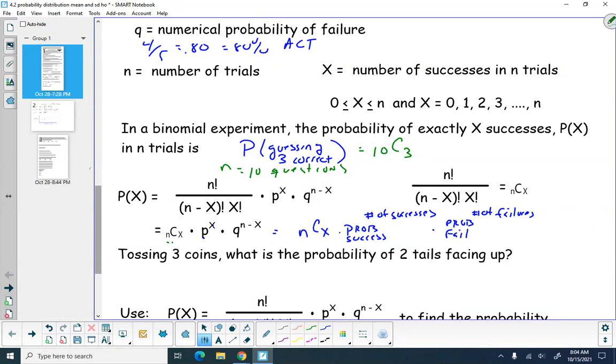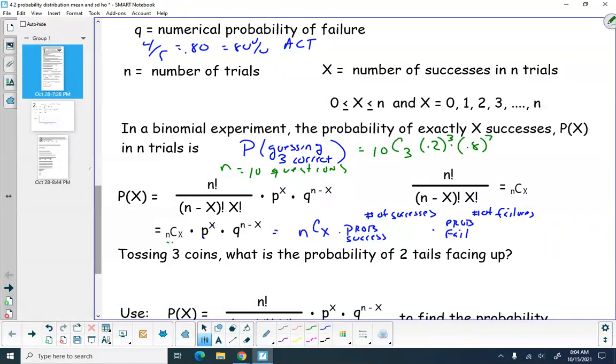The probability for success we said was 0.2, to the number of successes, times the probability of failure, 0.8, to the number of failures. So now it's a clickety-clack exercise where I'm doing 10C3, 0.2 to the third times 0.8 to the 7th power. Go ahead, clickety-clack it through.